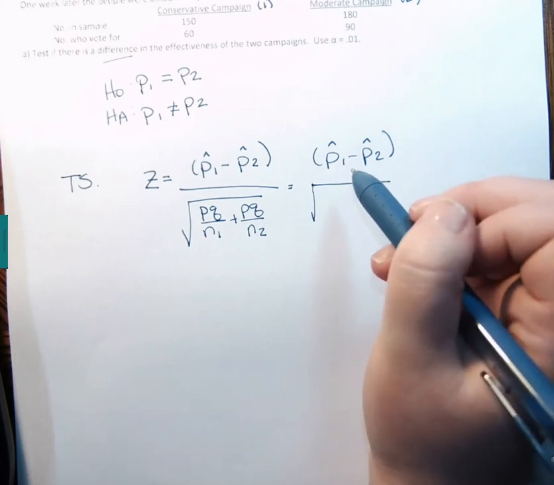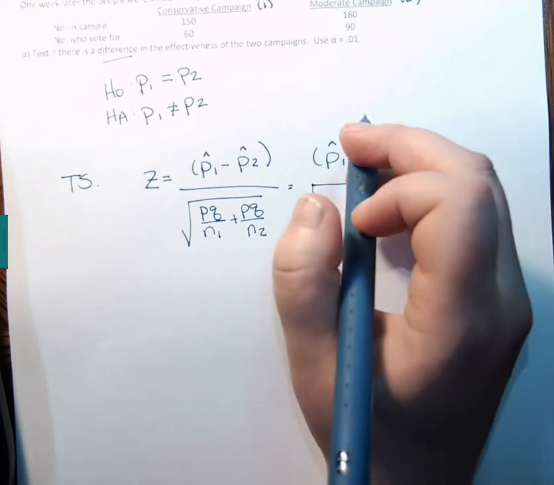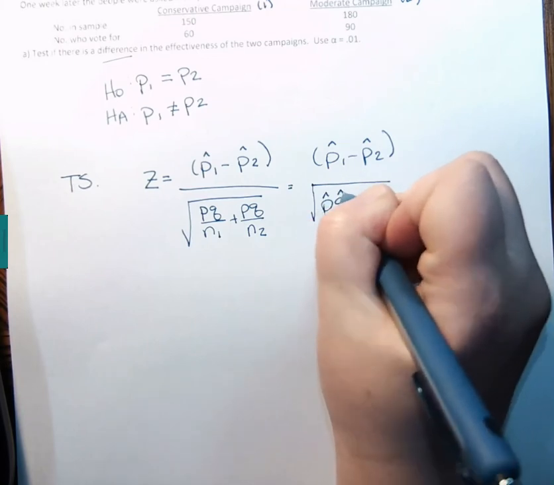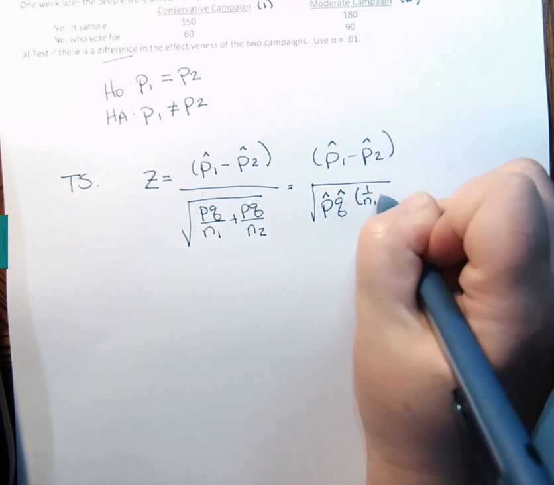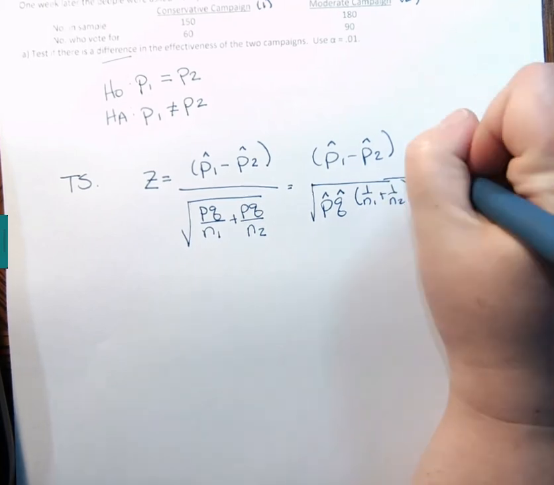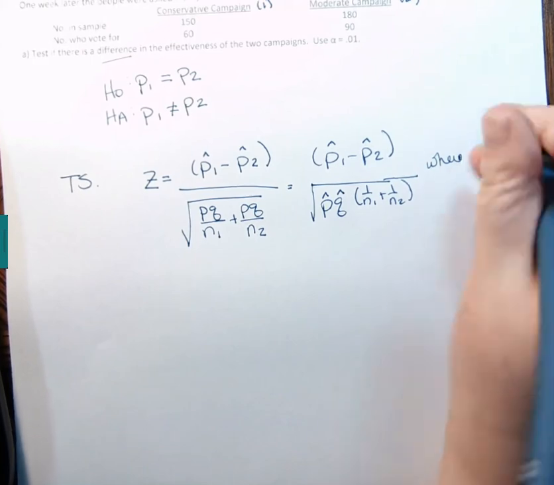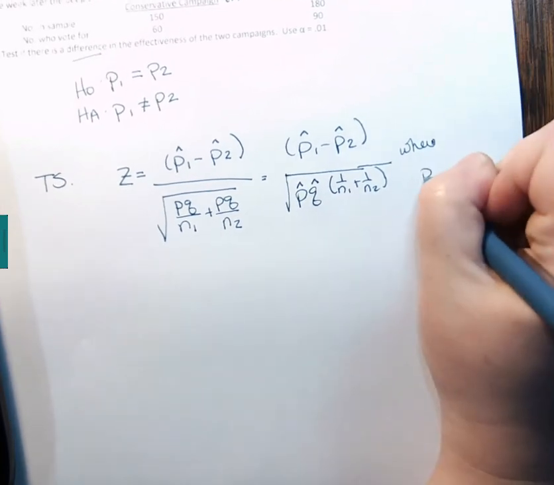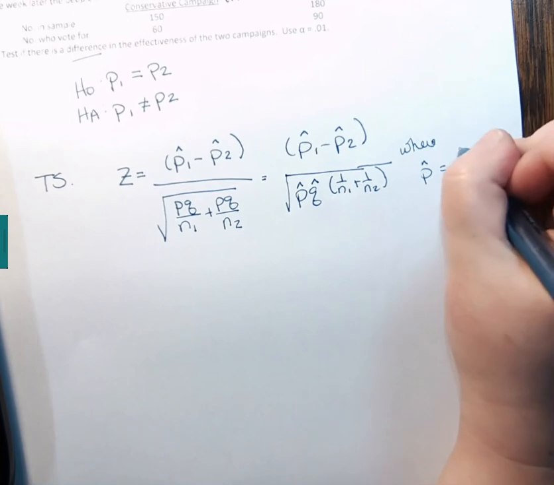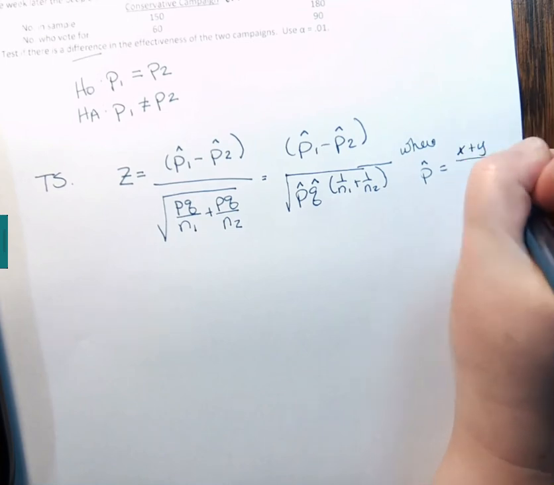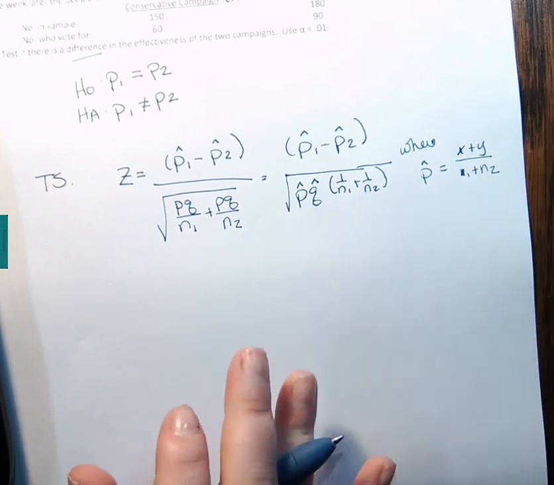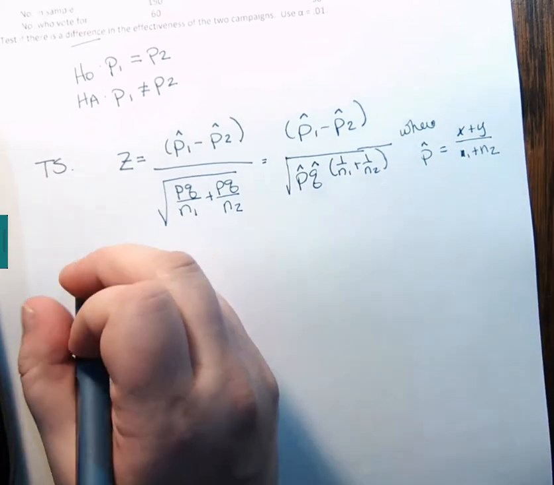We don't have PQ in this case, so instead we're going to estimate that with P hat times Q hat times 1 over N1 plus 1 over N2, where P hat, that pooled proportion, is equal to the counts in each of the groups divided by the two sample sizes added together.